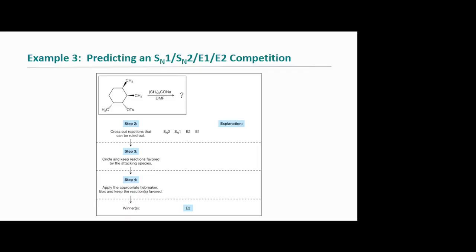We do. That's the solvent. But this is the attacking species here, right? This sodium is going to come off. We'll be left with an oxide, and that is, in fact, tert-butoxide.